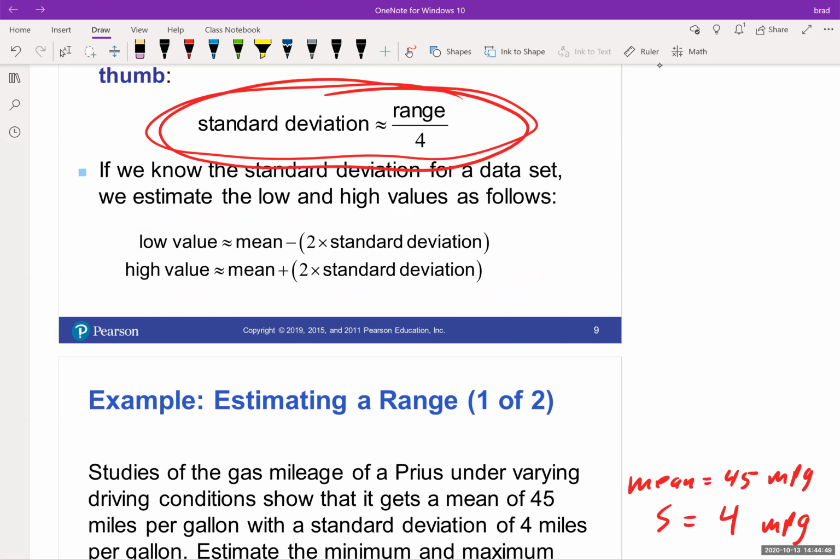This is the minimum usual value, the lowest we would expect, and this is the maximum usual value. You take the mean and add or subtract 2 standard deviations, and that gives you a window on what you would expect, the lowest and the highest MPGs. Anything outside of that is possible, but very unlikely based on standard deviation.